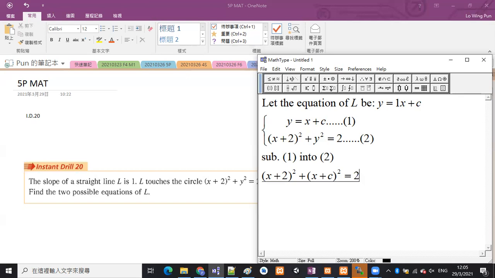Okay, so what we can do here is to use the identities to expand these two brackets. Can we do this? (a plus b) squared becomes a squared plus 2ab plus b squared. Okay, expand these two brackets.